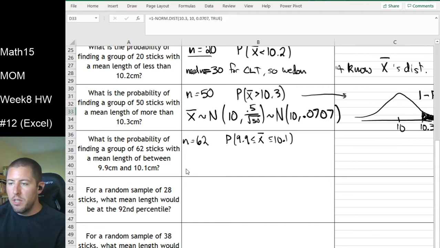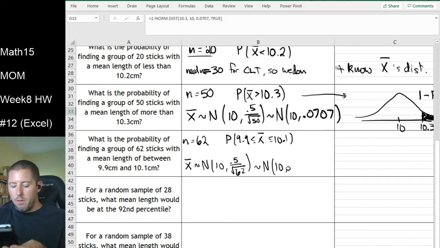Because 62 is larger than 30, the sampling distribution is going to be normal, centered at the usual average. We're always going to start with our individual standard deviation, 0.5, divided by the square root of the sample size, so that the larger the sample size gets, the smaller this overall standard deviation term becomes. So this is normal with an average of 10.